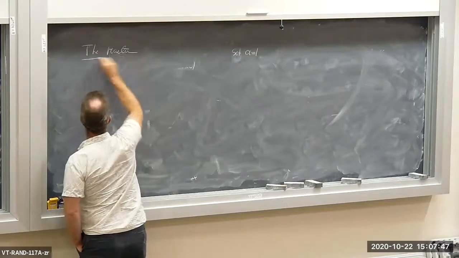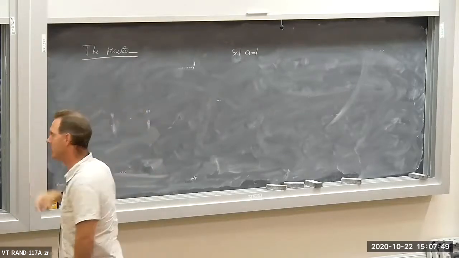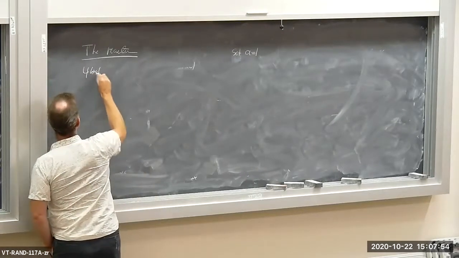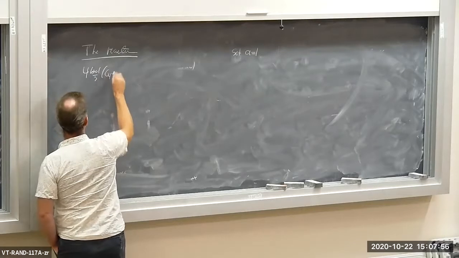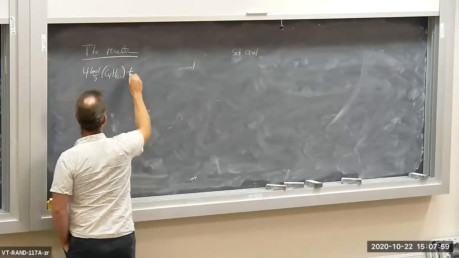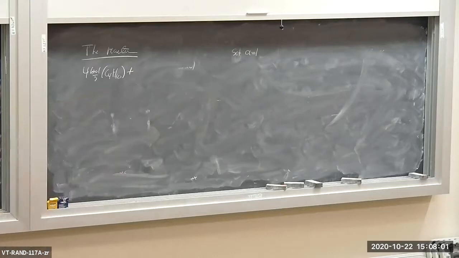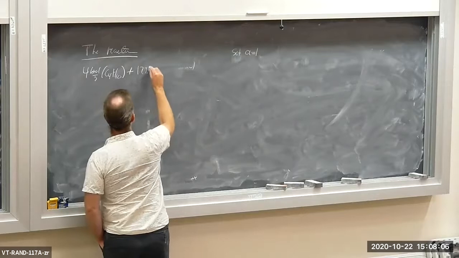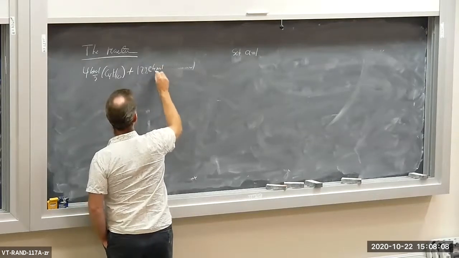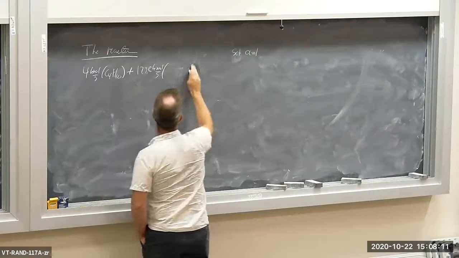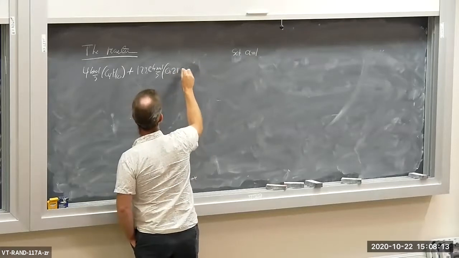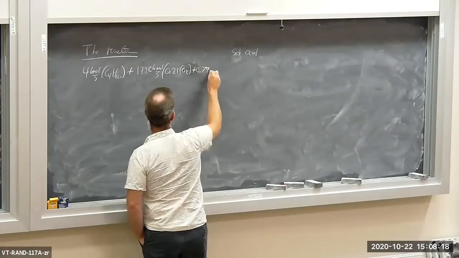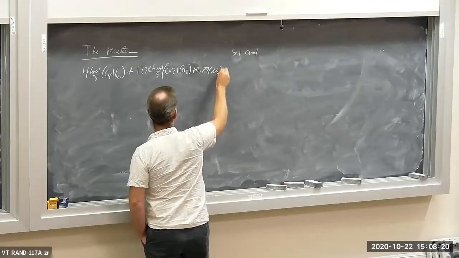I'm going to write the chemicals with the various flow rates. 4 kilomole per second of C4H10 plus 123.8 kilomole per second, that's our airflow rate, times 0.2102 plus 0.79 N2.